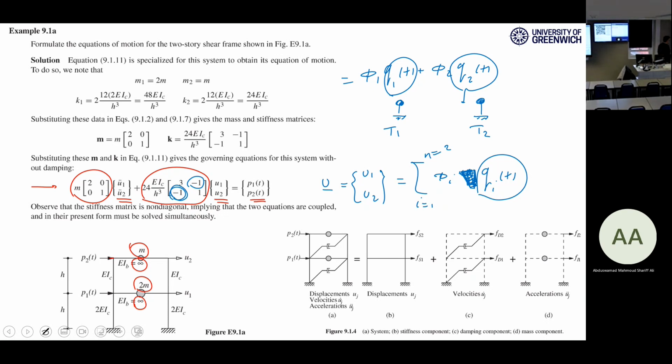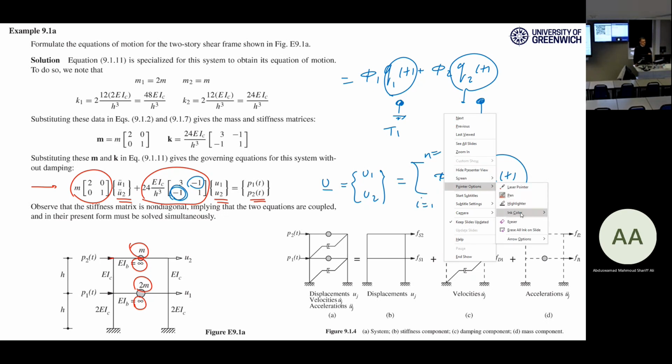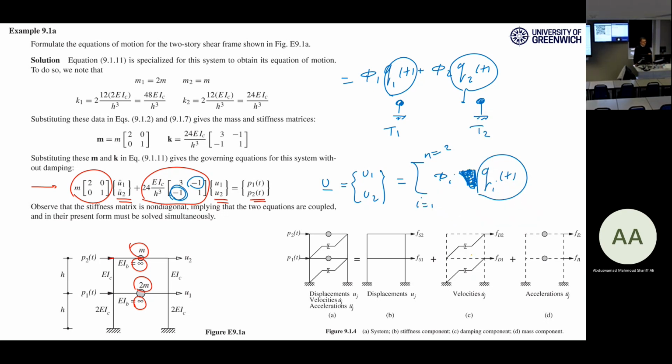Another important point is that if you really solve this problem and find your u(t), the final unknown, you will see that 90% or 95% of this u relies in the first term. More than 90% of the u information relies in the first term, not in the second term.